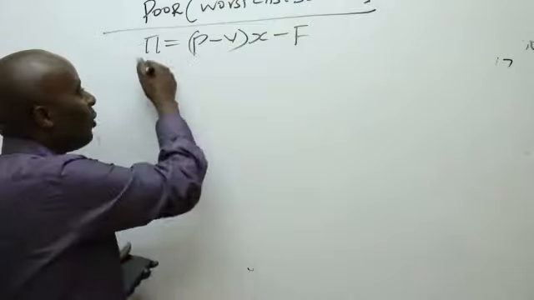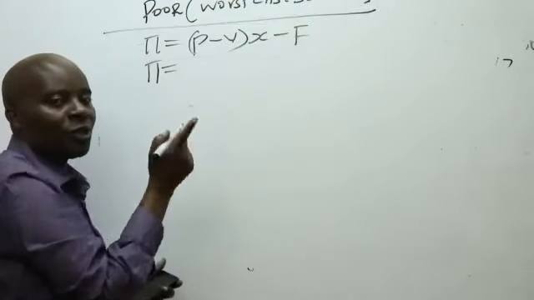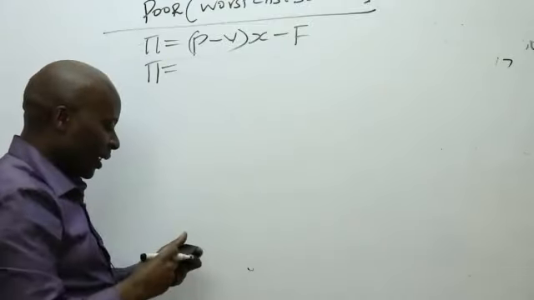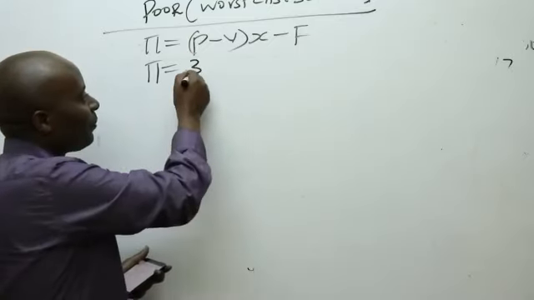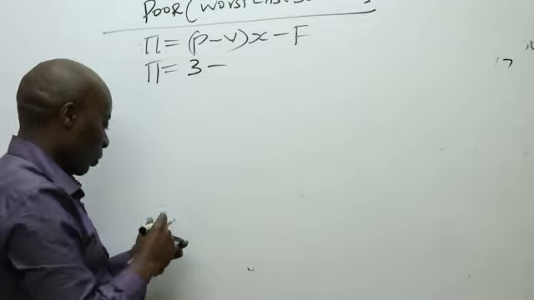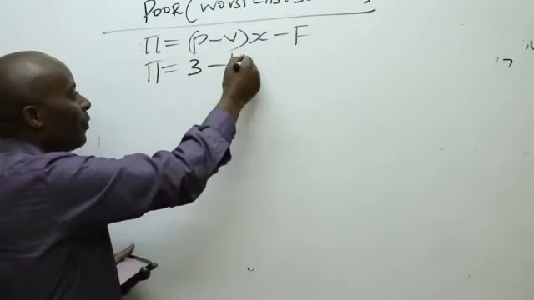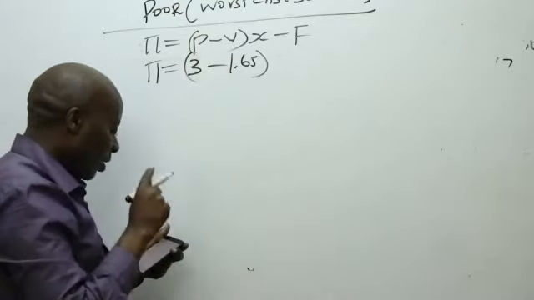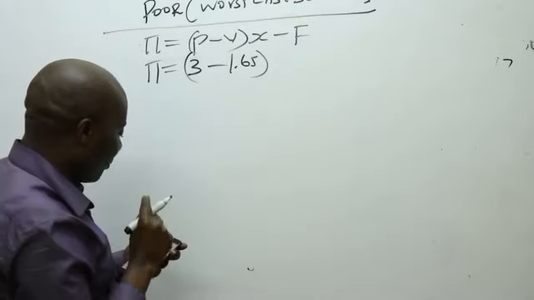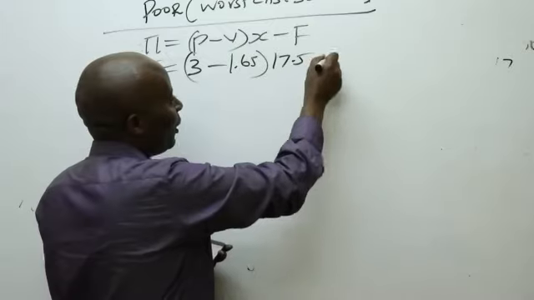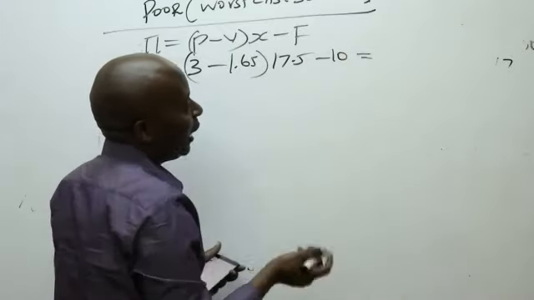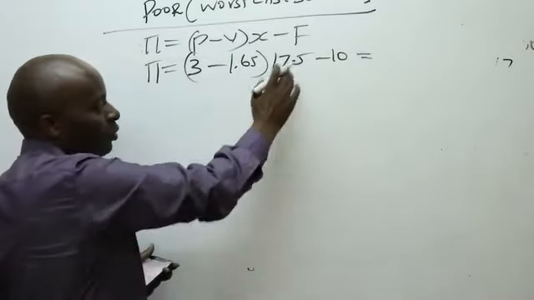Remember, they are making reference to the upper part. Still, the price is 3 minus our variable cost, which still stands at 1.65, multiplied by, at the very worst, the new volume, which is 17.5 million. The fixed cost still remains at 10. Our figures are in millions, so this has to be millions as well.